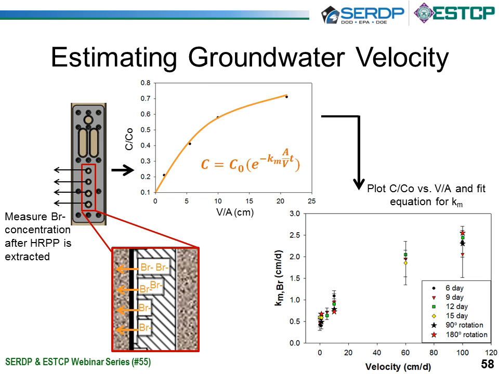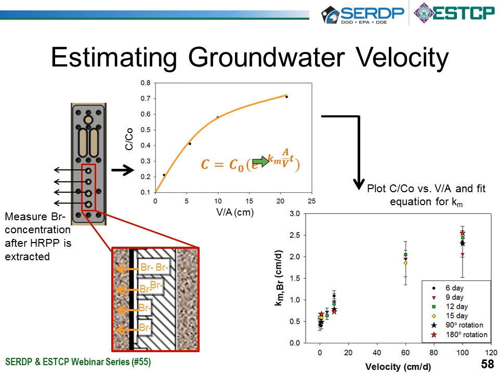Porewater velocity is determined by a relationship between the velocity and a mass transfer coefficient. So in 4 cells of varying specific surface area, we have a bromide solution, which is used as a conservative tracer. And the bromide will migrate out of the cell into the porewater to equilibrate. The rate of that equilibration is dependent upon the time of deployment, the specific surface area, and a mass transfer coefficient.